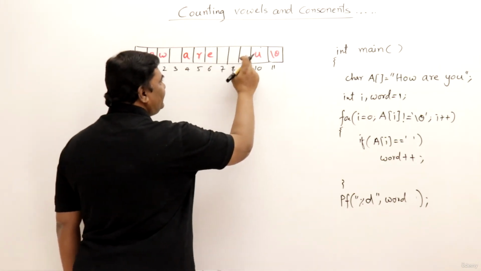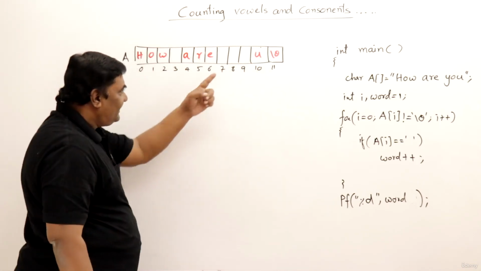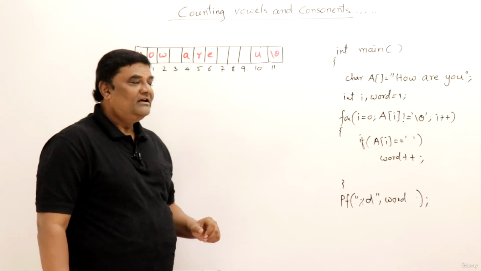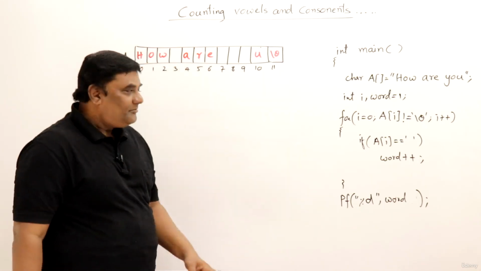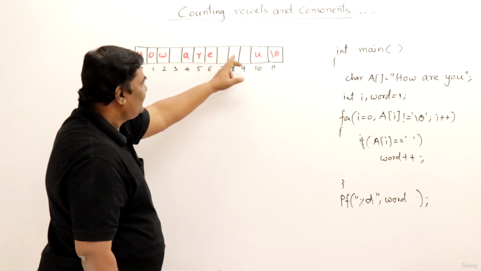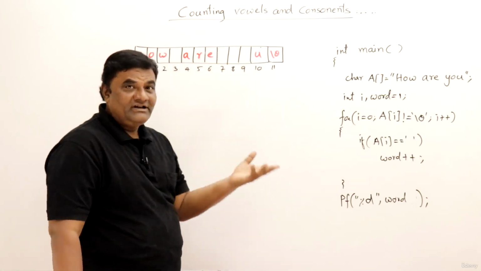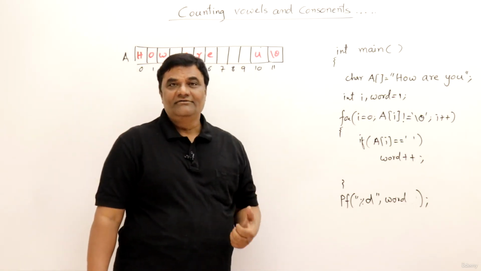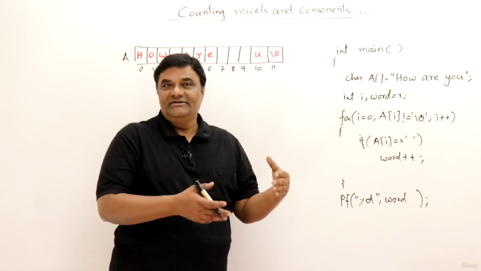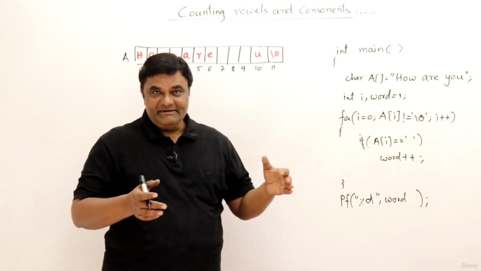So there are 3 spaces, then u. So if that u I count it as a word, then total how many words are there? Only 3 words are there. But in my program, if I count the spaces, 1, 2, 3, 4, and plus 1 I am doing. So 5 words are there. So that is wrong. Then how to deal with these excess spaces?